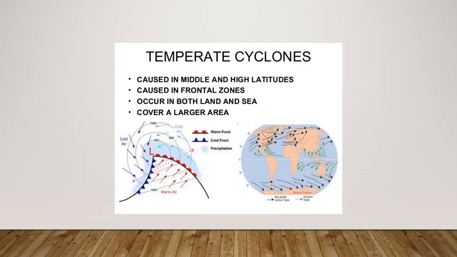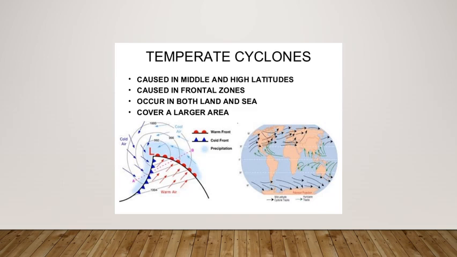As I told you, they are formed due to the convergence of two different air masses. The warm air, because it is lighter, tends to ascend over the cold air which lies near the ground. The zone of contact between the two air masses is well marked and is known as the front.